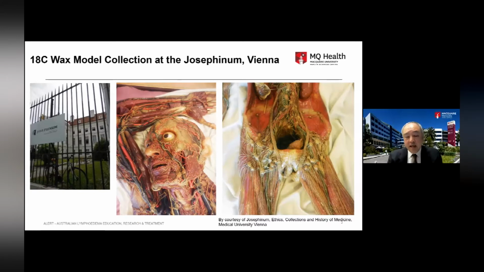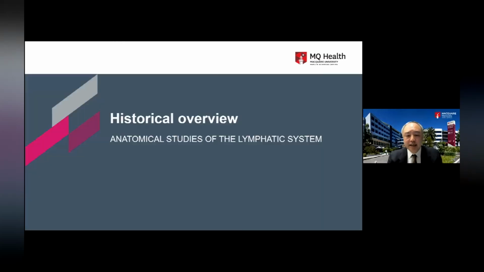We don't know much about how people investigated the anatomical study of the lymphatic system, so I'll briefly introduce how anatomists investigated it. The discovery of the lymphatic system is credited to the Italian anatomist Gasparo Aselli in the 17th century.